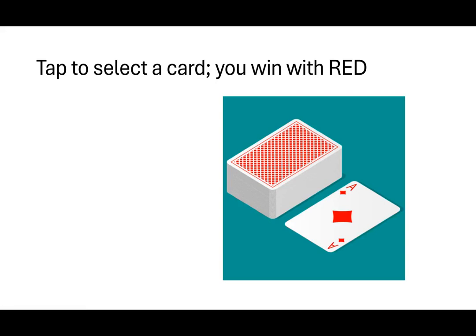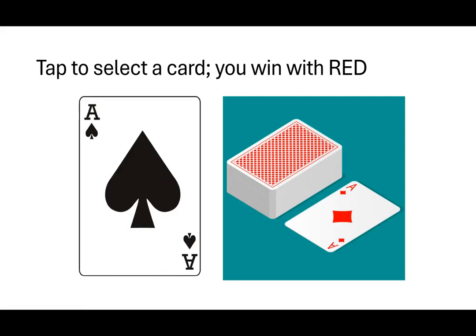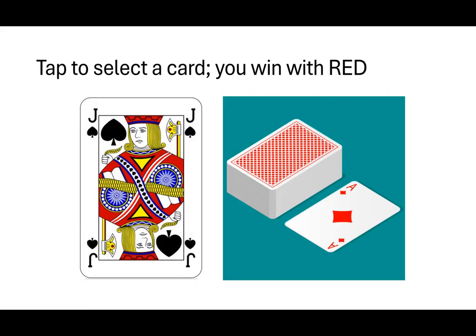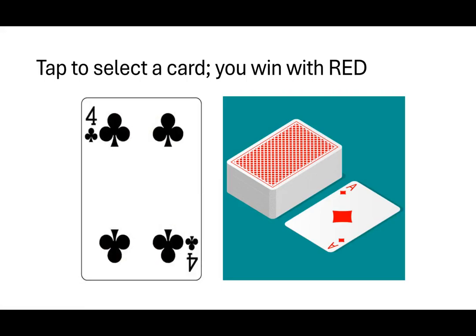Half of them are red, hearts or diamonds, and half are black, spades or clubs. When we collect the data, which is our sample, we start drawing cards, and we keep drawing black cards.